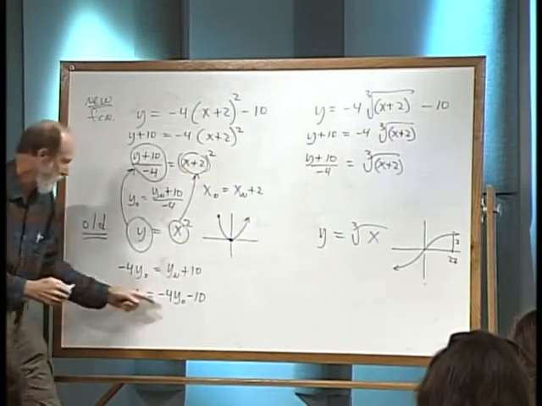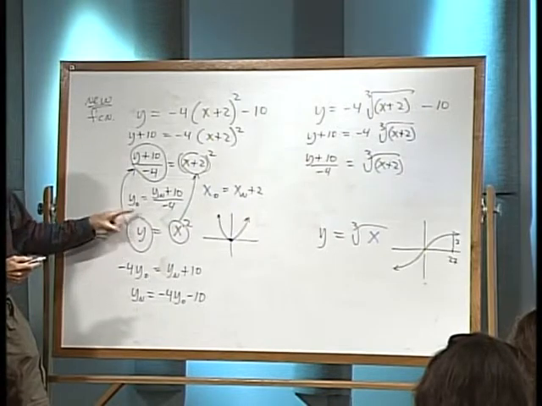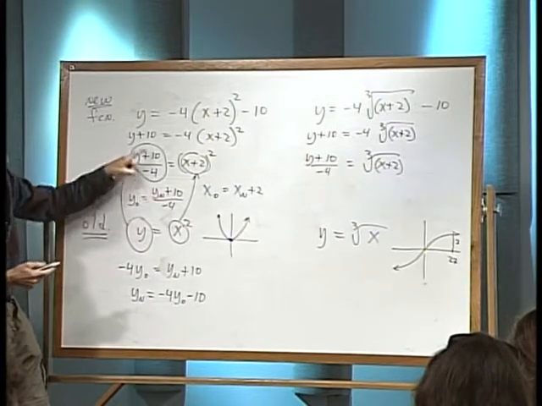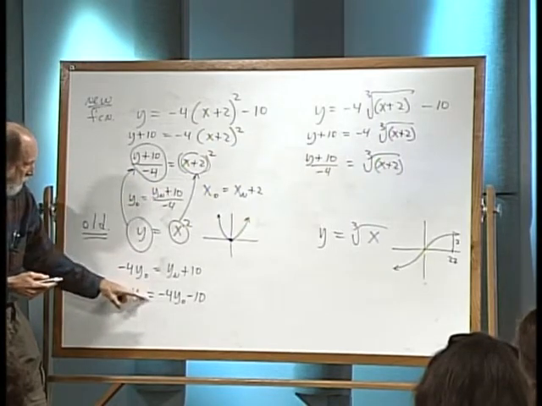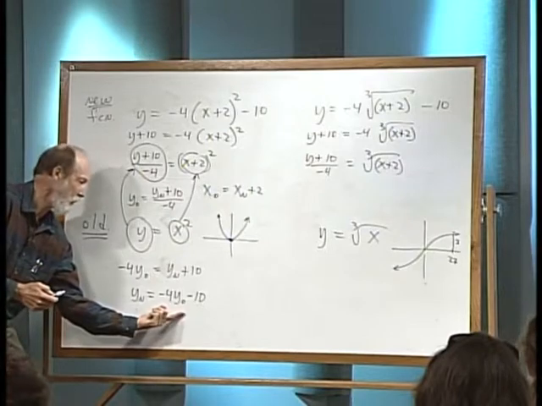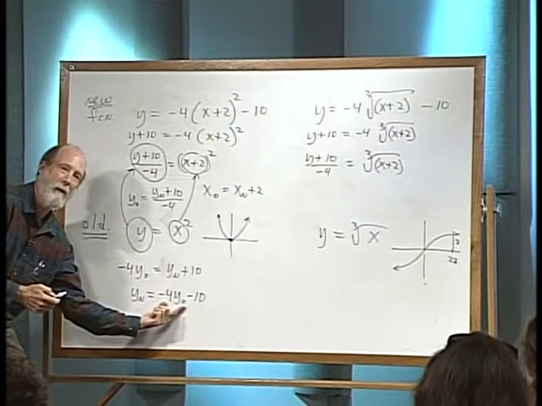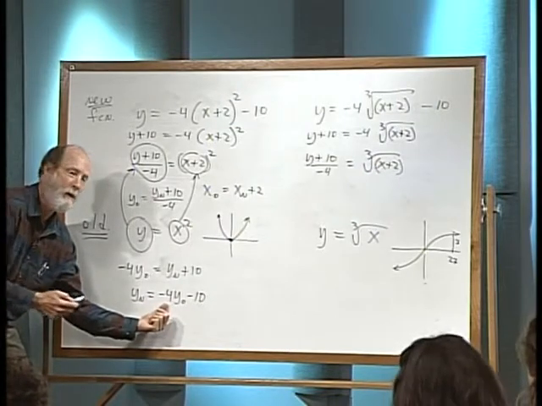Now look at what this down here is telling us. If this old y is being replaced with this, and I solve for what this new y is, look at what it's telling us happens to the old y's. Don't we multiply the old y's times negative 4?